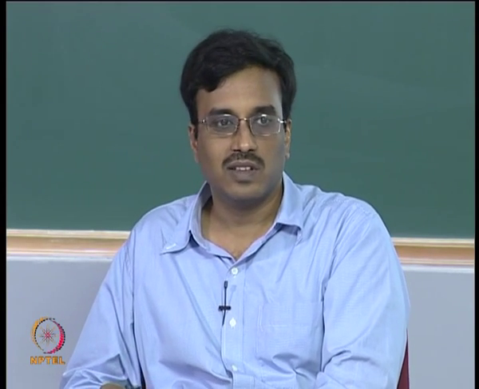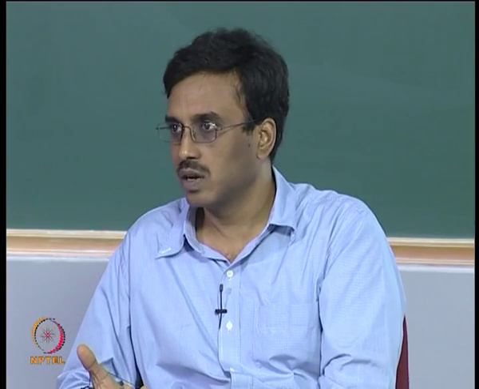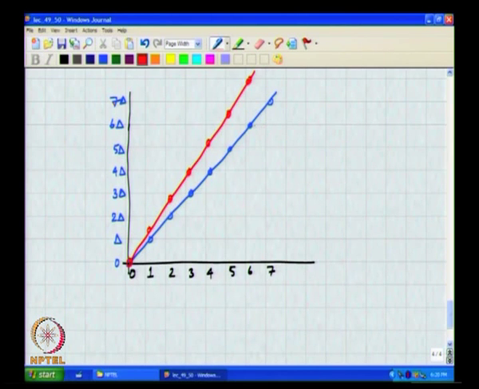So, this is like having a larger delta, that is all. Okay. So, this is called gain error. Does it make sense?